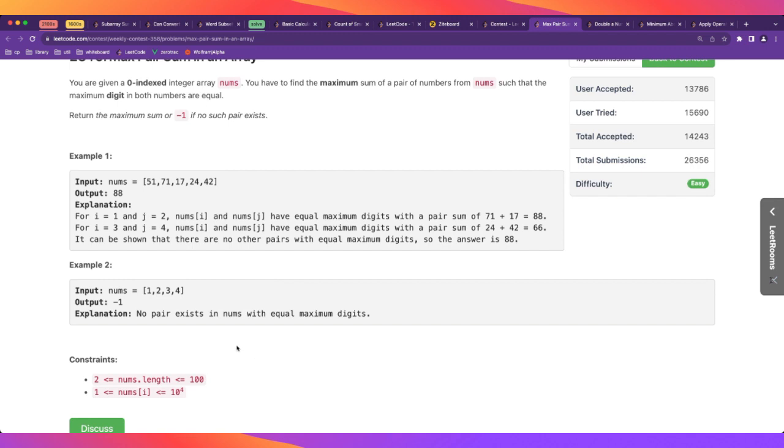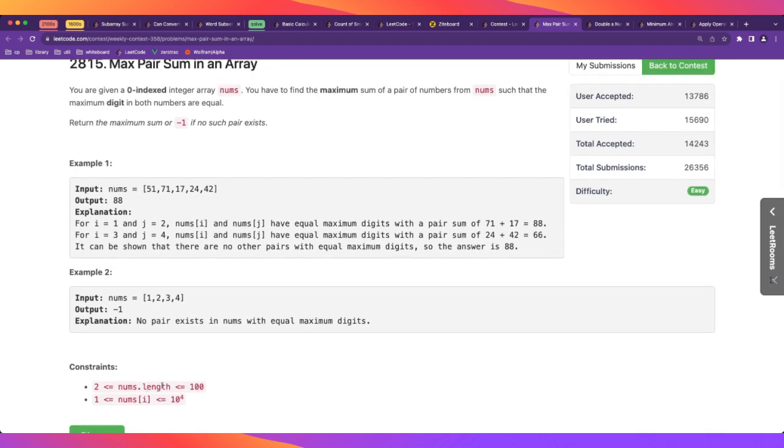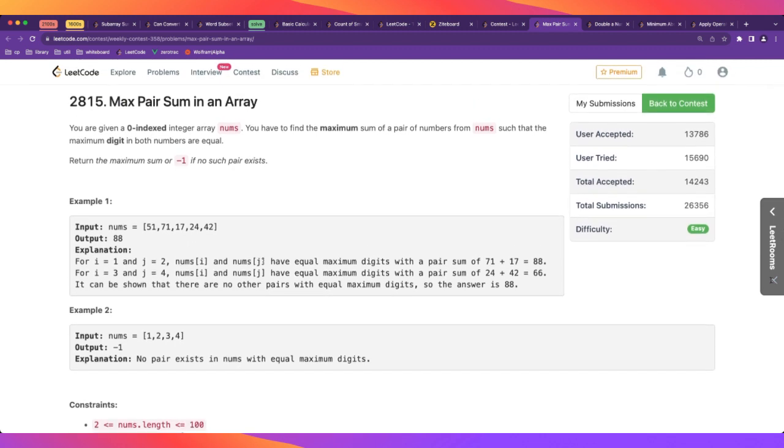And so here we should pay attention to the constraints. As expected for an easy, the size of the array is very small. It's only 100 at the maximum. This is a classic pair search problem, which is very common in LeetCode.